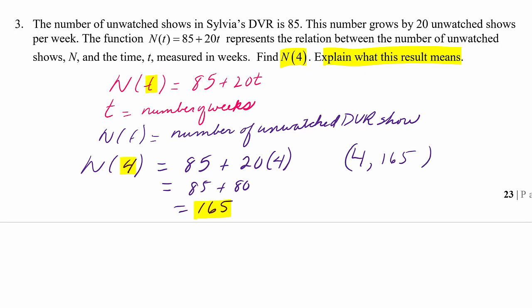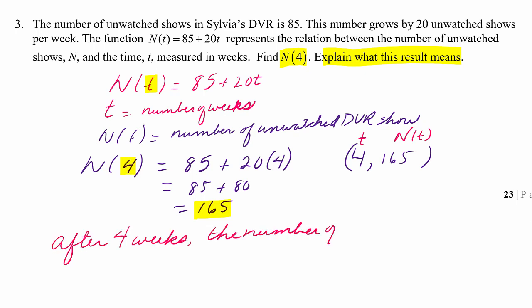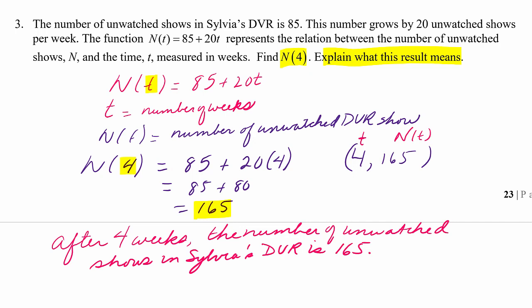Remembering that the input variable was the number of weeks and the output variable is the number of unwatched DVR shows in Sylvia's DVR, to interpret, it says that after 4 weeks, the number of unwatched shows in Sylvia's DVR is 165. So I wrote our conclusion statement down. After 4 weeks, the number of unwatched shows in Sylvia's DVR is 165.